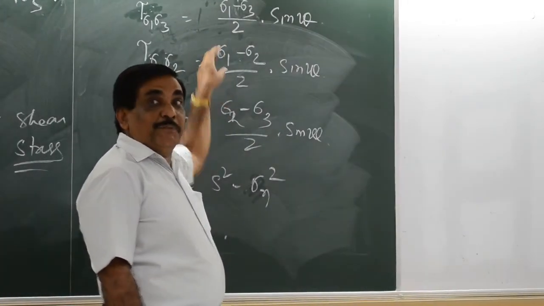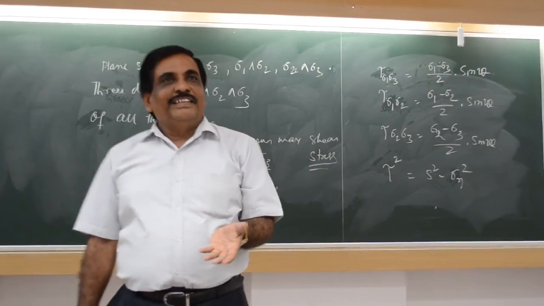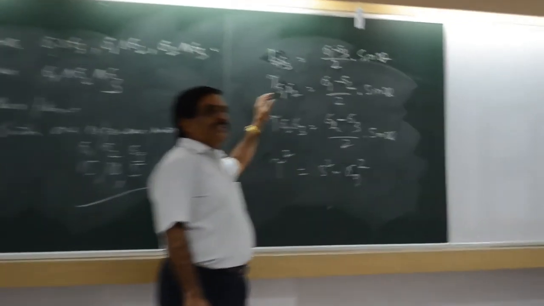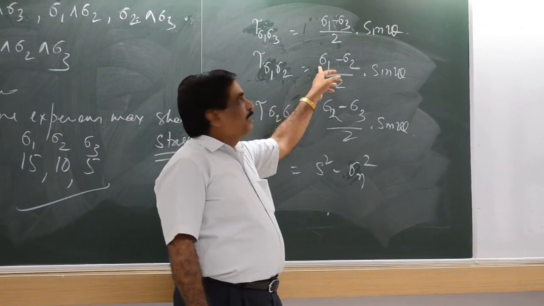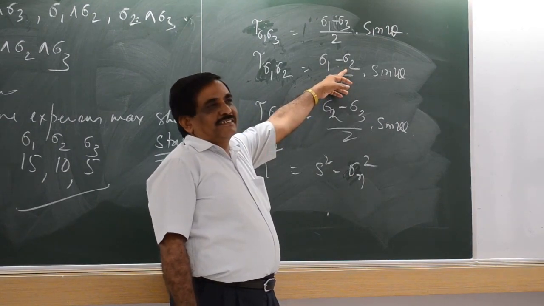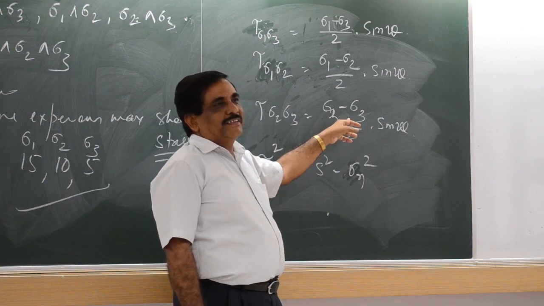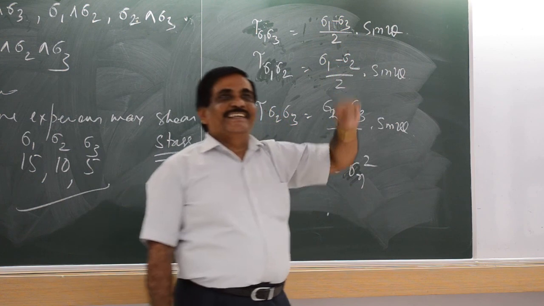This matters, that difference. Wherever the difference is more, that will have maximum shear stress. So in these two cases the shear stress cannot be maximum. 15 minus 10 gives 5. 10 minus 5 gives 5. 15 minus 5 gives 10.